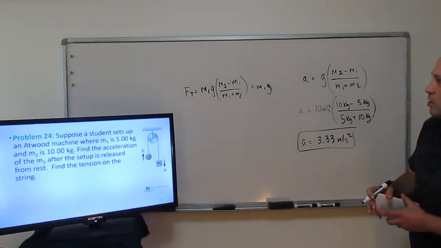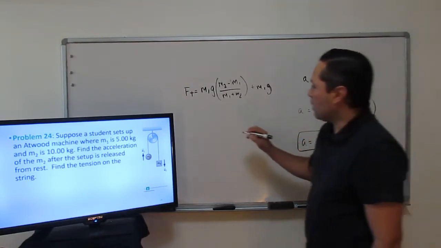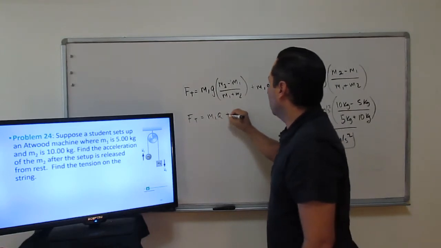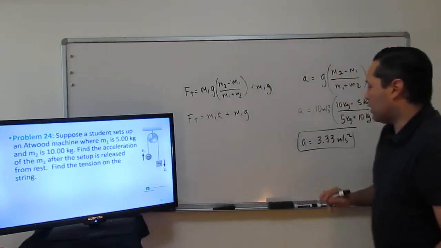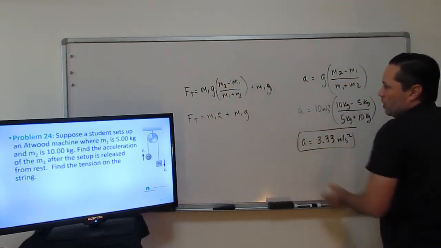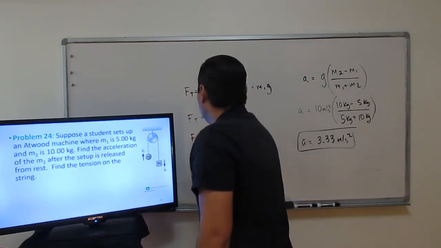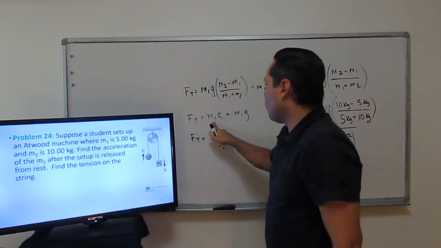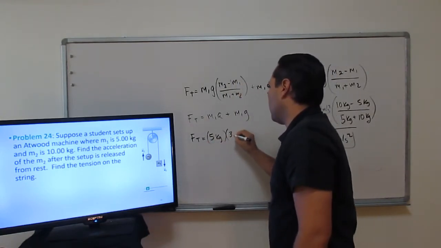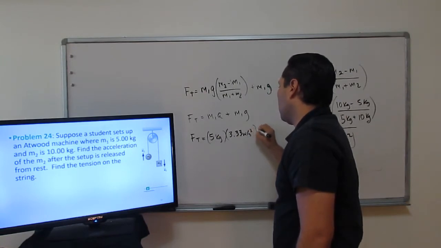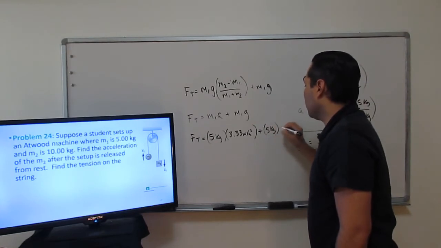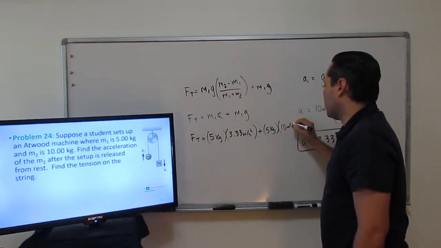Alright, for the tension, let me back up a little bit. Remember that was our acceleration. So we have the value of the acceleration, so I'm going to substitute it there, rather than go through the same problem again, which will be this one right there. Force tension was the mass of object 1, which is 5 kilograms, times the acceleration, which we just got, 3.33 meters per second squared, plus the mass of object 1 again, 5 kilograms, times gravity, 10 meters per second squared.